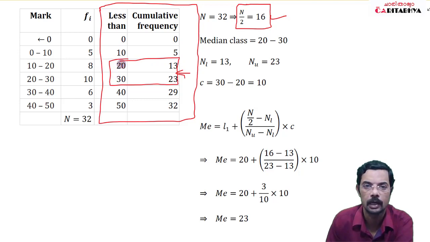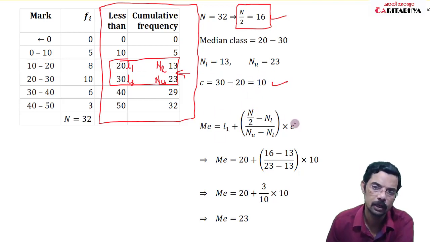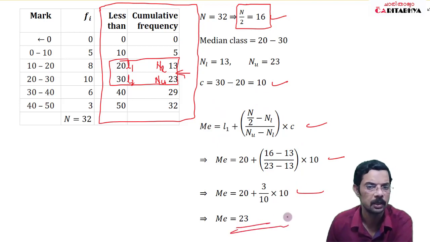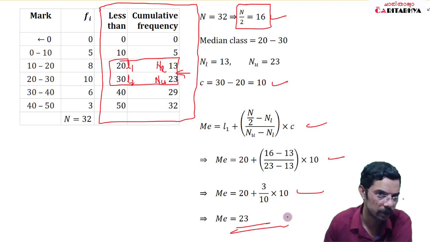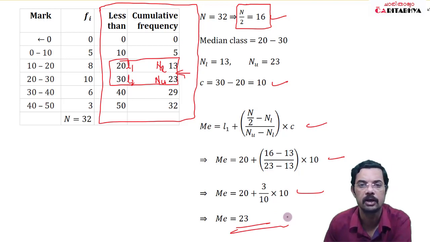This part will be your L1, this is your L2, this is your NL and this is your NU. Everything is available to you, and 30 minus 20 will give you the class length. Now put these values into the formula and calculate, and you get the value of the median. Hope that the formula and the problem are clear to you and you can now solve any kind of problem.